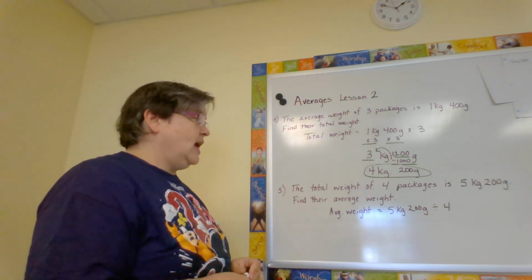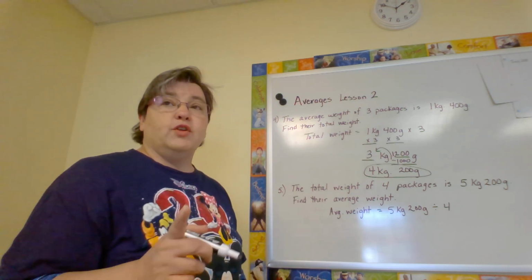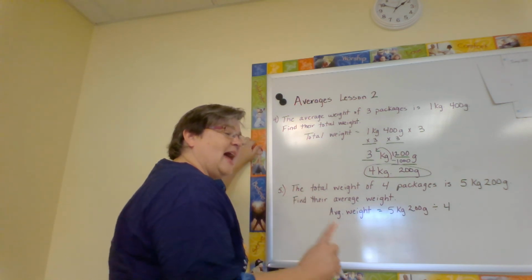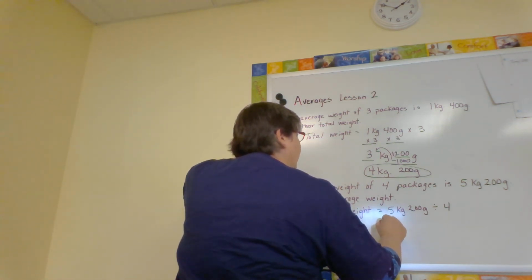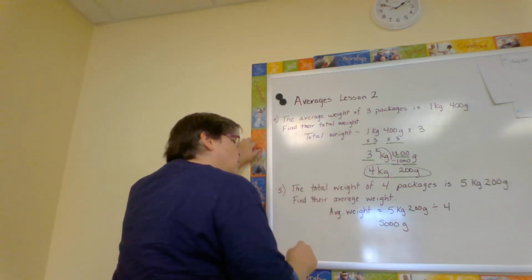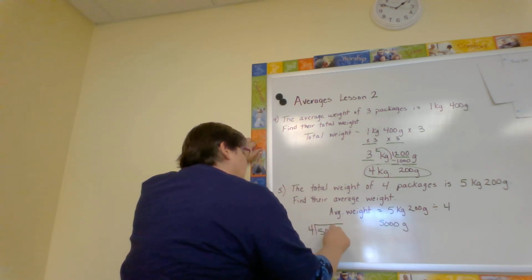But you can change the kilograms back into grams for your division. So let's do that. We know there are 1,000 grams in a kilogram. So this would be 5,000 grams. So when we divide 5,000 by 4, let's see what we get.